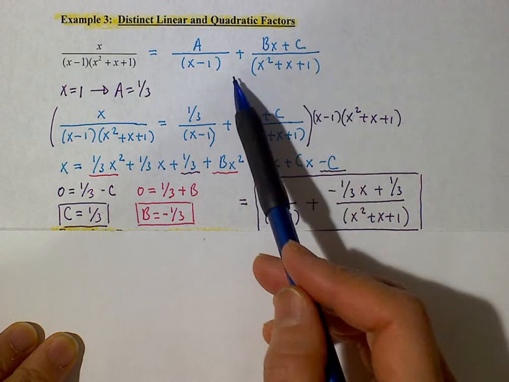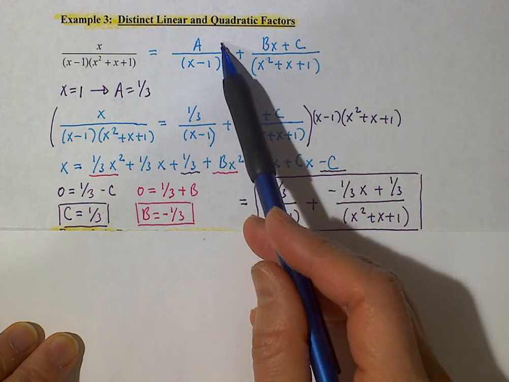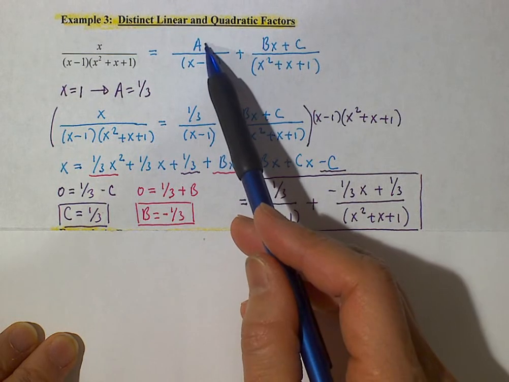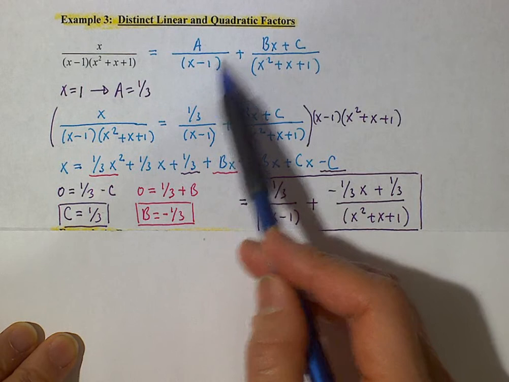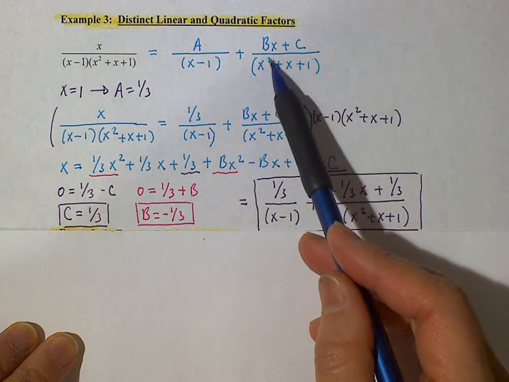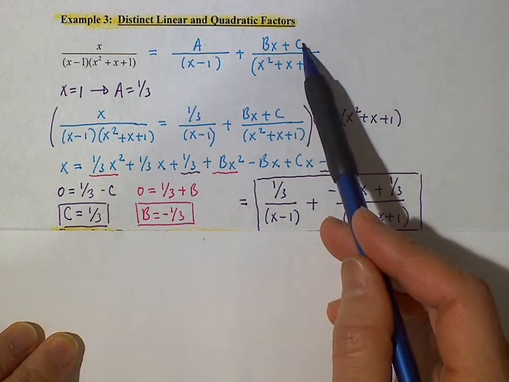So remember that a fraction is proper when the numerator's power is less than the denominator. So since this is a linear in the denominator, that means that this has to be a constant up in the numerator, right? Because this has a first power, so then this has to be a 0th power, which is basically a constant. And then for this one, since this is a quadratic in the denominator, you have to have a linear up in the numerator.